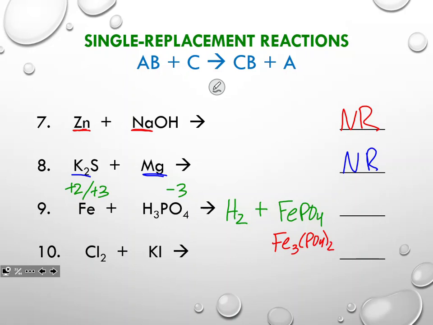You can predict it to be that one instead. That would be iron(II) phosphate. However, like I said, it doesn't really matter. You would have also hydrogen as your other product there. But in terms of balancing, the other one's easier to balance. At this point, I would accept both answers.